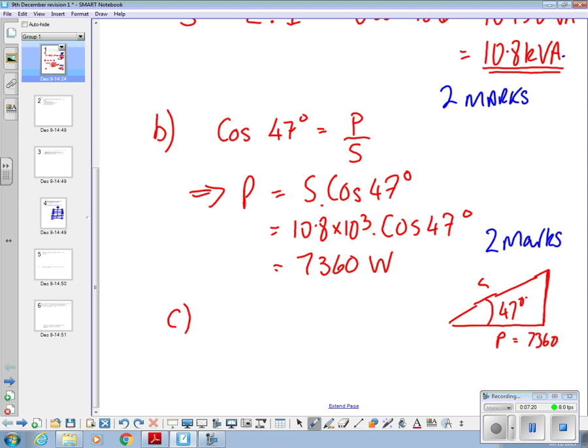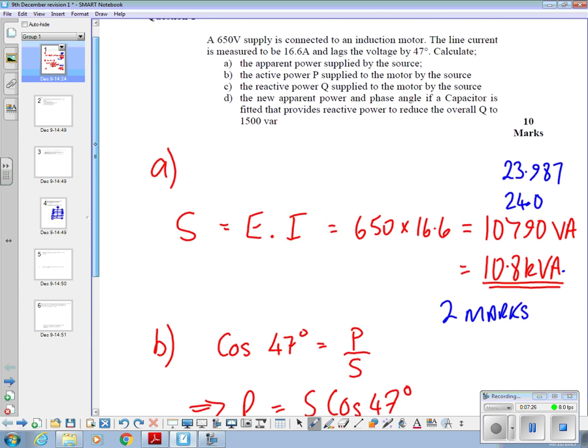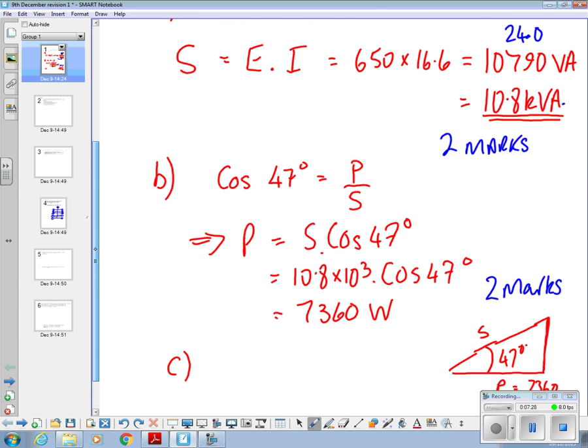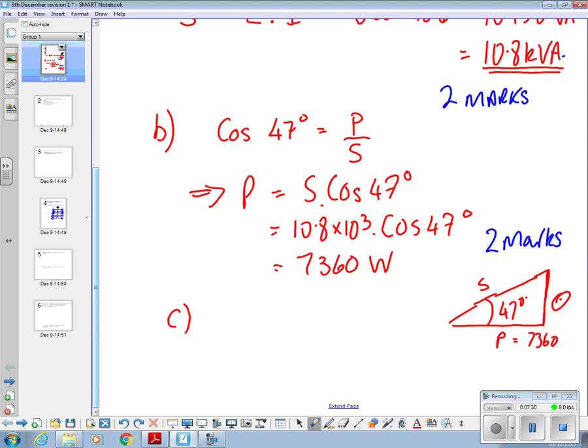And we know S. Part C says find the reactive power, which is that side. So you could take the inverse of 47 degrees and go through the option of doing either tangent or sine.